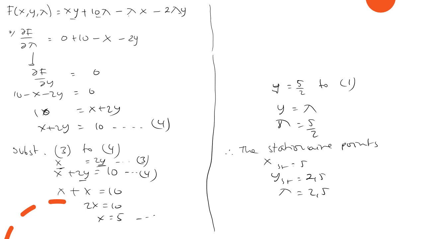Okay, and substitute x equal to 5 into the third equation. So x is 2y, 5 is 2y, so y is 5 over 2, or 2.5.